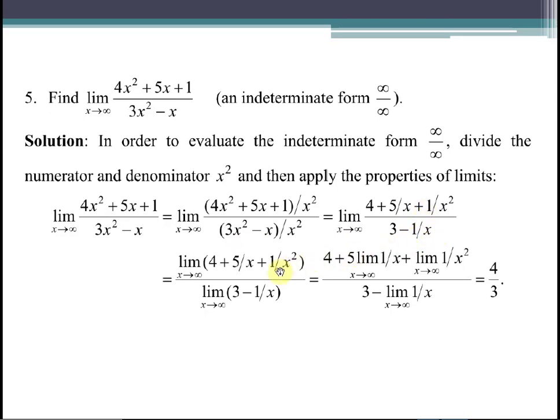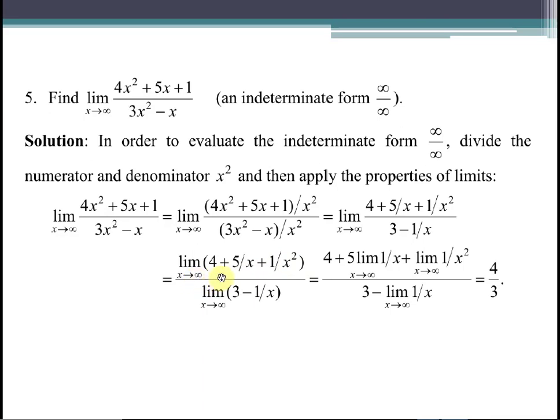Now we can write it as the limit of the numerator over the limit of the denominator. In the numerator, the second and third terms go to 0 because x tends to infinity.